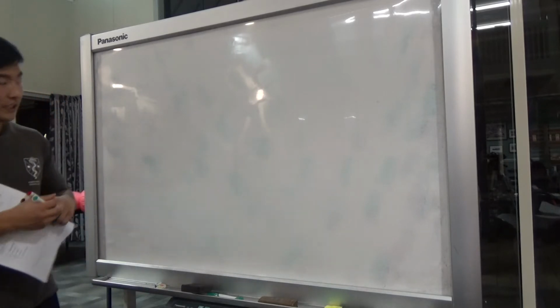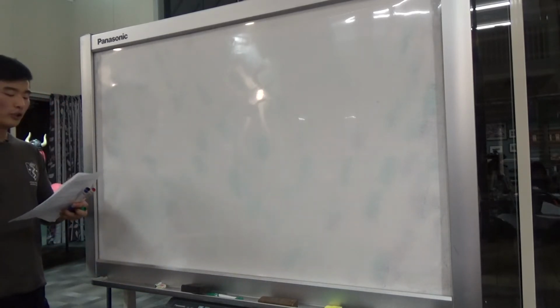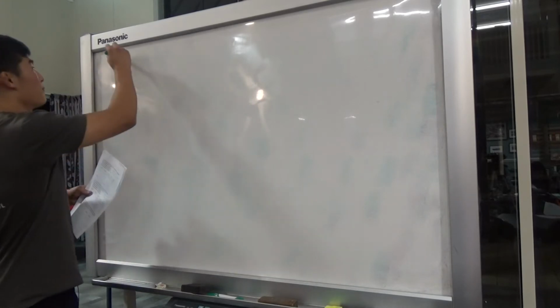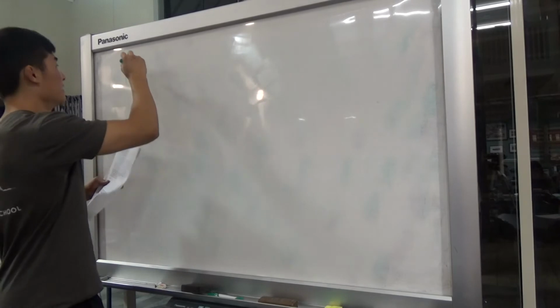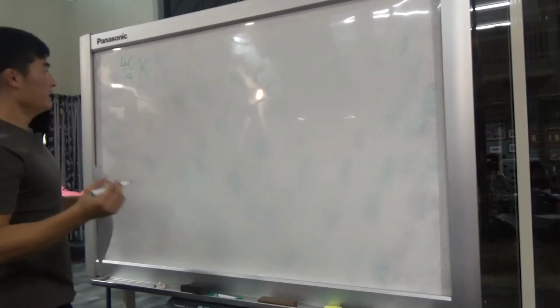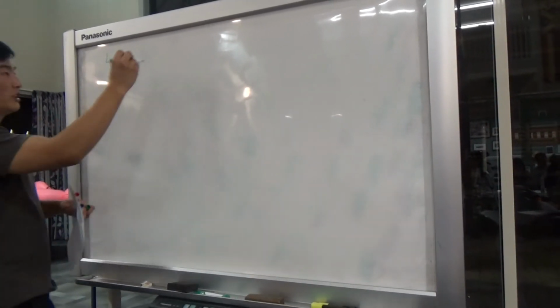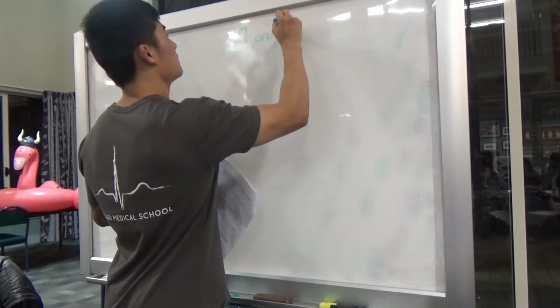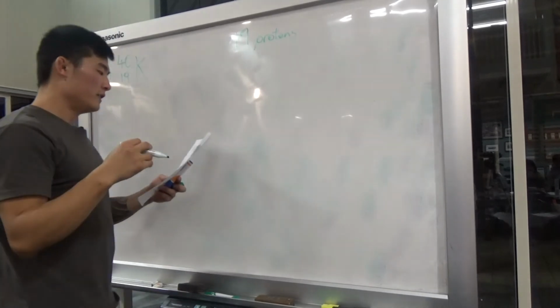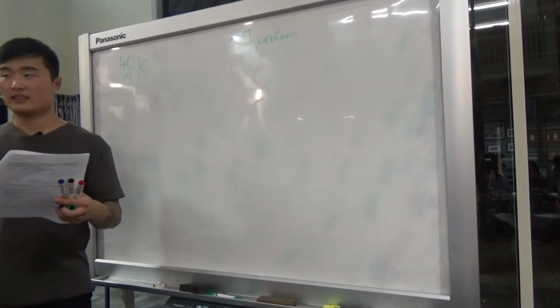Okay, so first of all we need to figure out how many protons, neutrons, and electrons we have. So if it's 40, 19, that means that we have 19 protons. How many neutrons are we going to have?